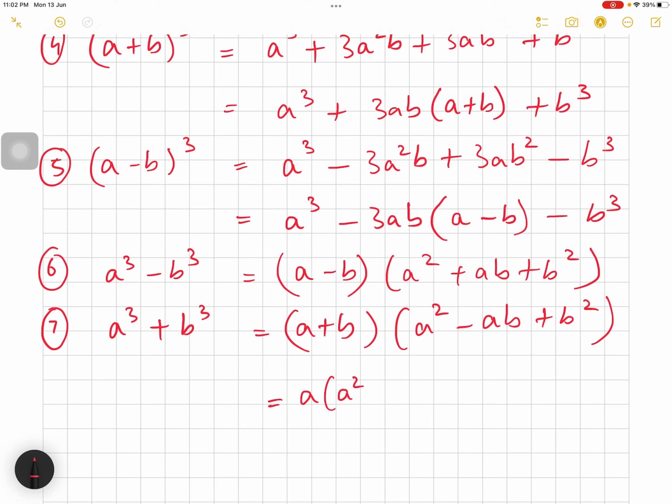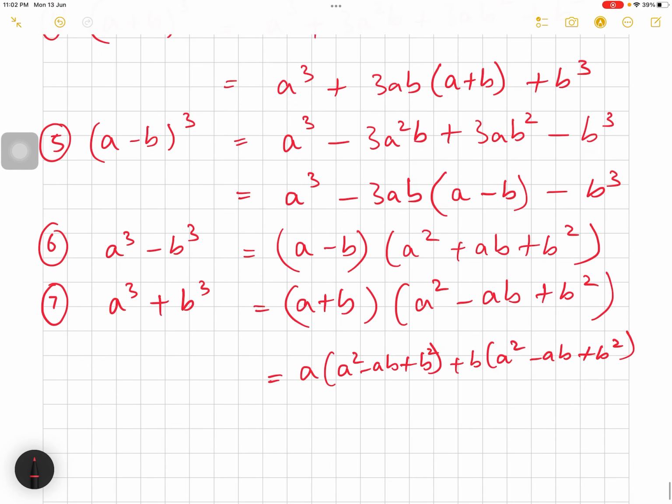So a into a square minus ab plus b square plus b into a square minus ab plus b square. A into a is a cube minus a square b plus ab square plus ba square minus ab square plus b cube.